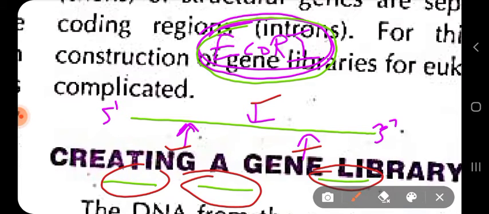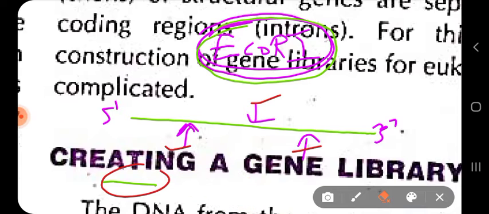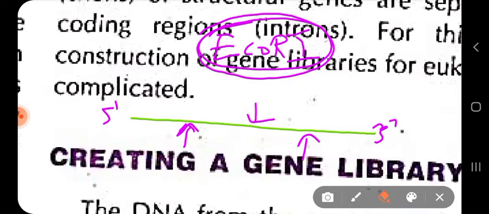But in case of partial digestion, we will not completely digest that whole DNA with one enzyme. We will partially digest this genome, this DNA, with this enzyme.